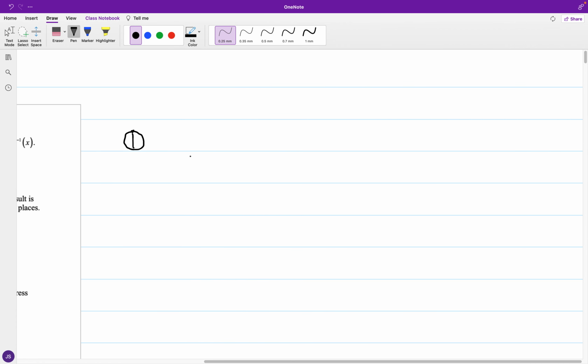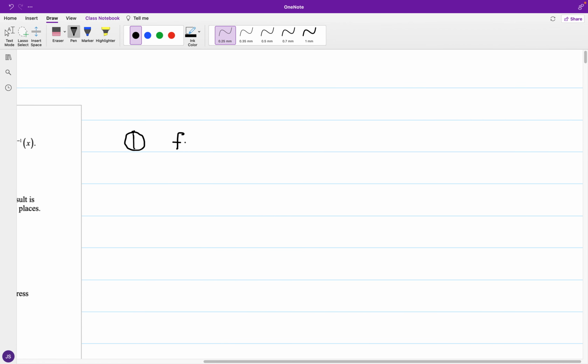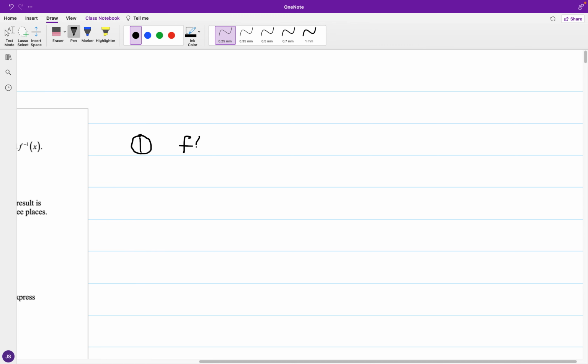f of x is equal to (2x plus 3) over 5, setting the stage for finding out what the inverse is going to be.